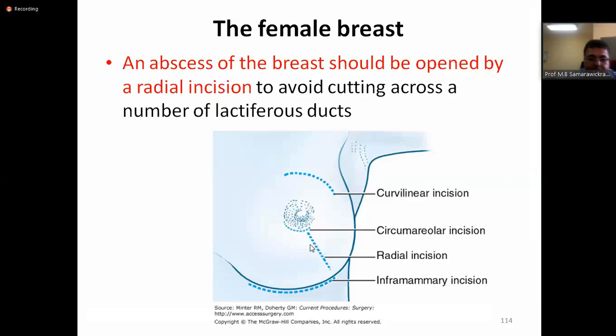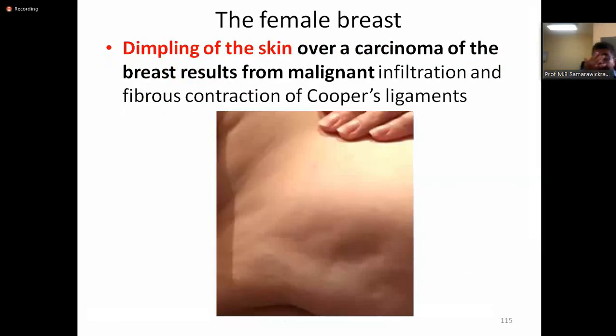So cutting in this direction deep to the skin is important. But it is better to cut the skin in a curvilinear or circumferential incision, which is cosmetically better. Internally, the structures you have to cut in a radial fashion to prevent damage to the ducts of the glandular tissue.